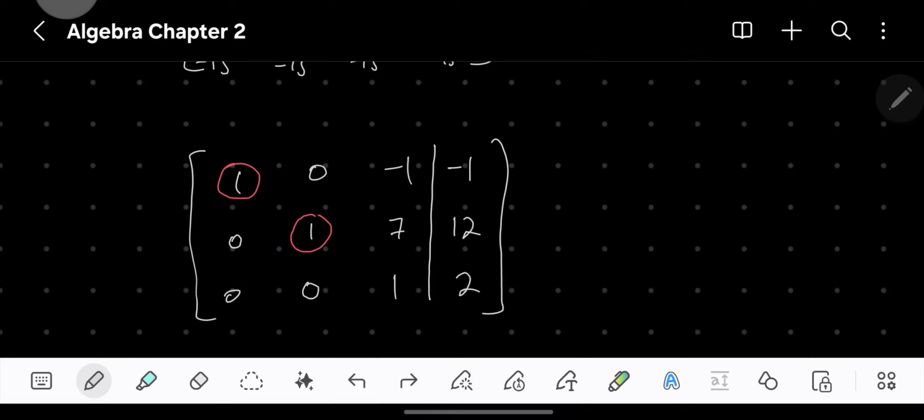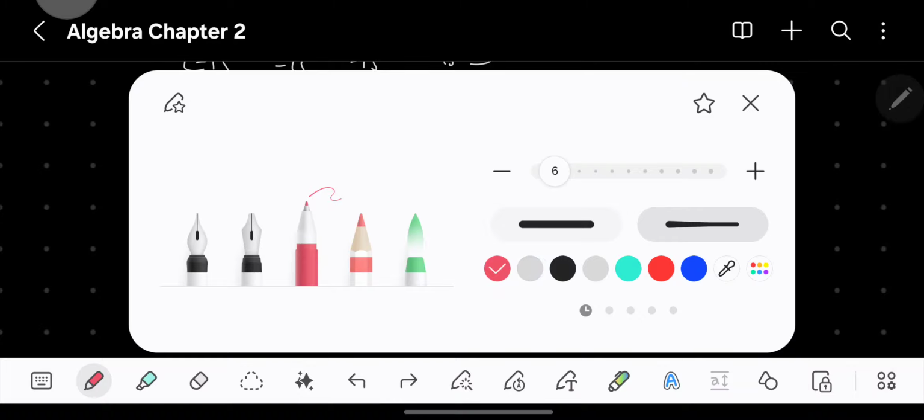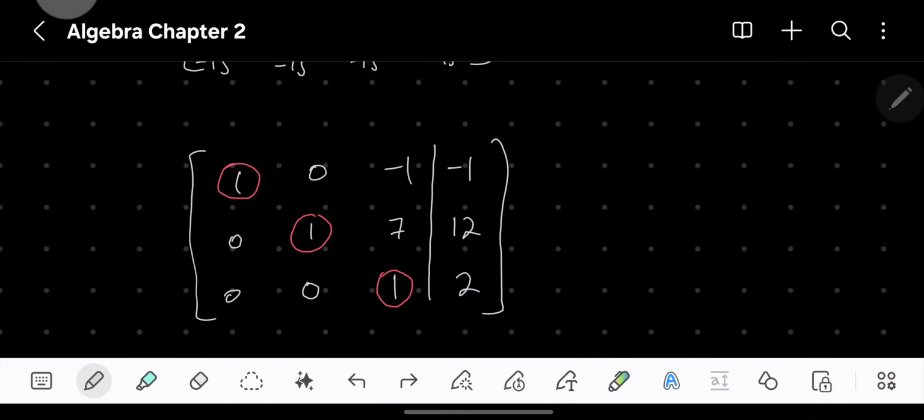But since this matrix is not in row reduced echelon form, because this is our current pivot entry, I have to make everything above it 0 also. How can I make the things above 0?